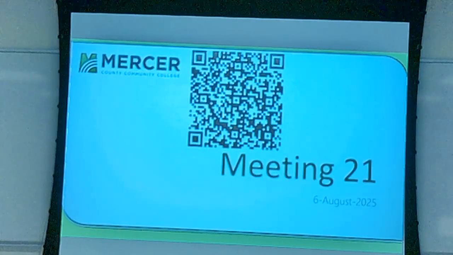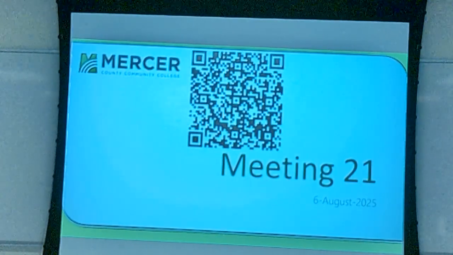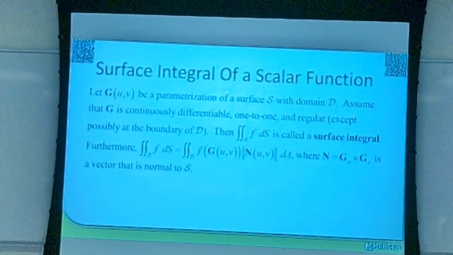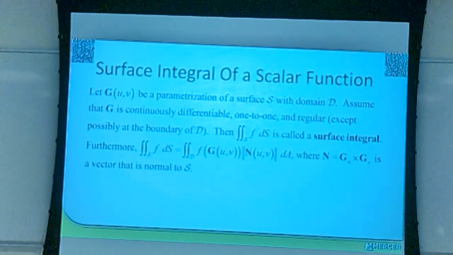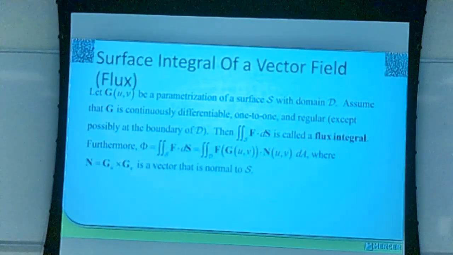We're going to start by looking at surface integrals. Again, as with line integrals, you can have the surface integral of a scalar function or of a vector field. Surface integrals of vector fields are called flux integrals.